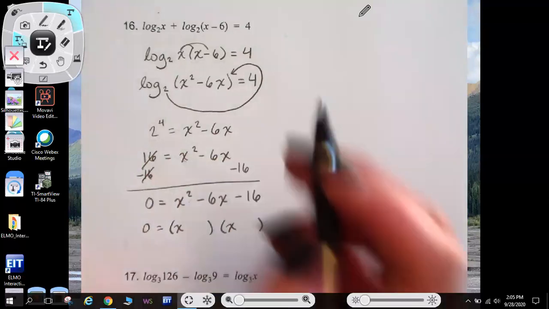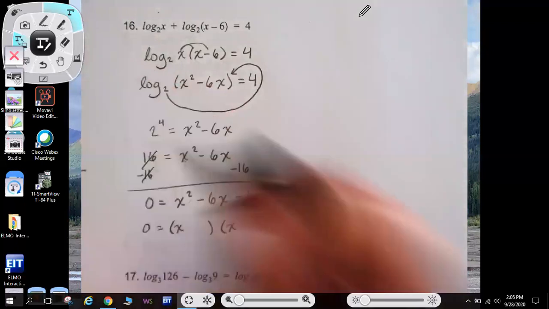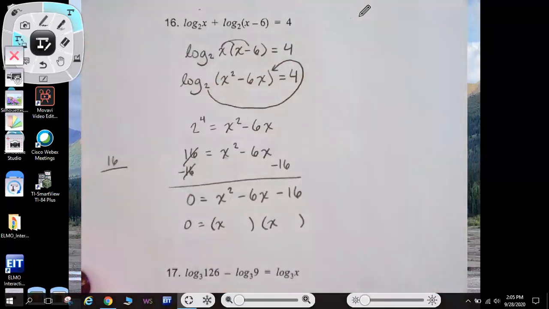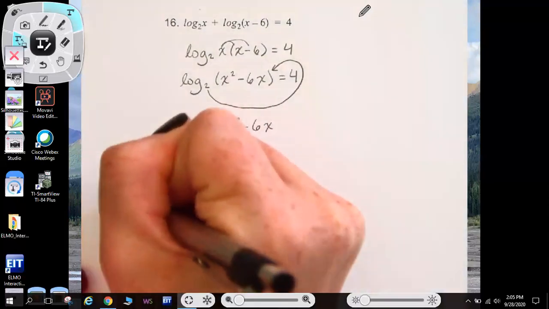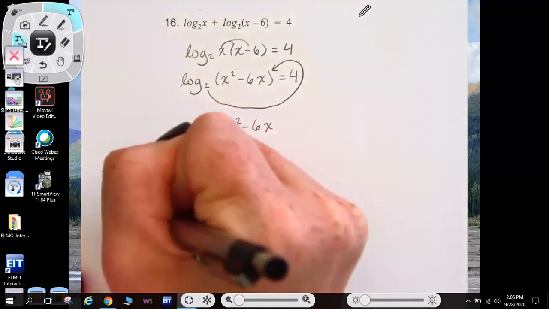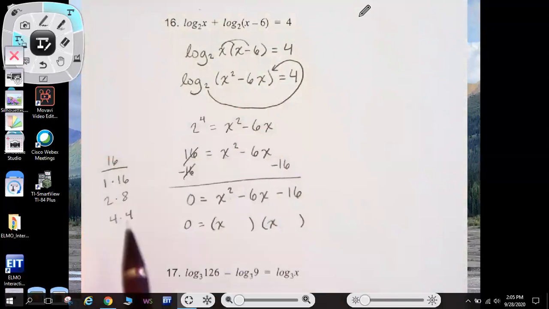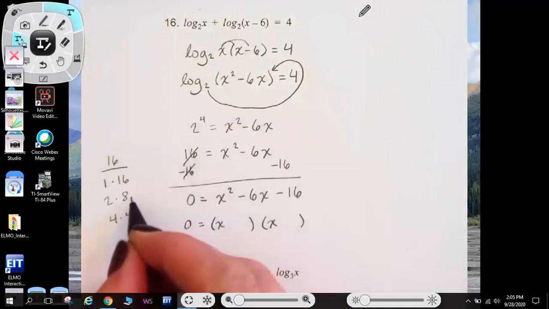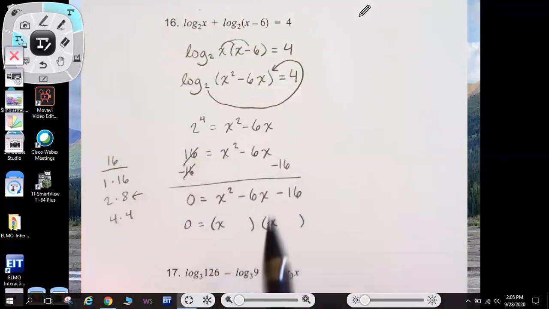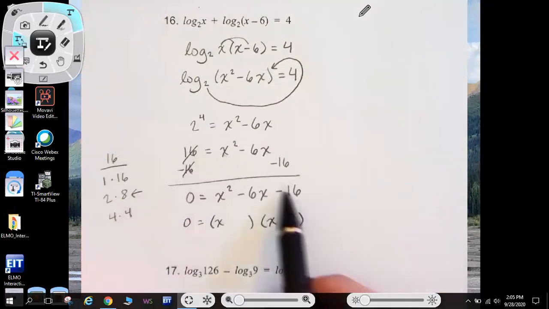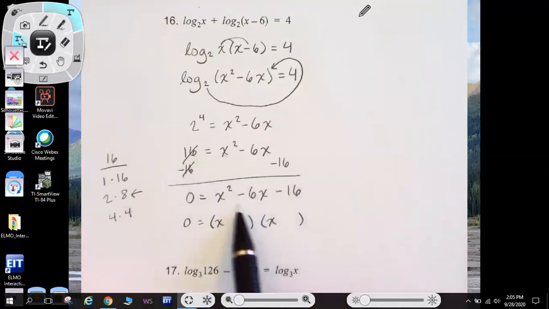Then you're looking for two numbers that multiply to be 16 and add to be negative 6. So factors of 16 are 1 and 16, 2 and 8, 4 and 4. Yeah, looks like 2 and 8 are what I'm going to have to use. And I know that one of them needs to be negative because when they get multiplied together, they have to give us negative 16. So I want to look at my middle term to see which number needs to be negative.